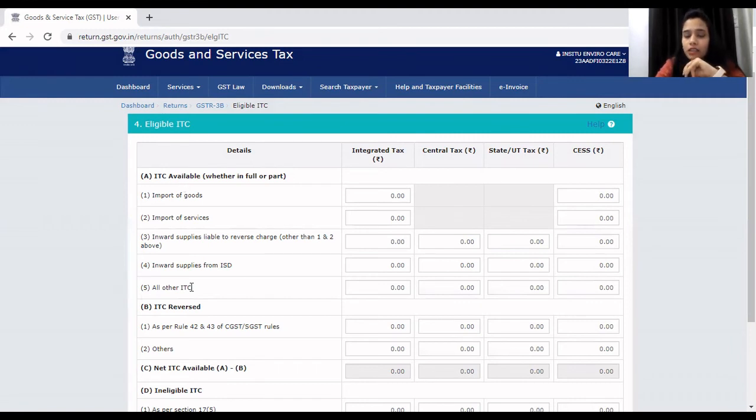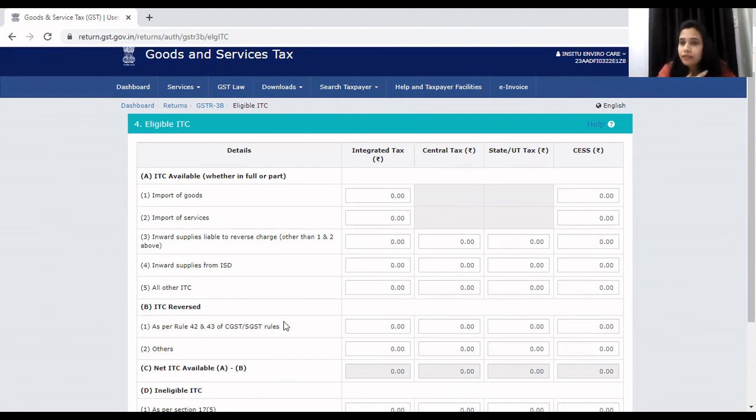In that, the last point, which is all other ITC, I will put rupees 10,500, which I need to claim ITC for June month, in fifth point, all other ITC, because above 4 points relates to some specific ITC, import of goods, ITC available in case of import of service, ITC available in case of reverse charge, ITC available in case of input service distributor. And apart from these, the other ITC goes in fifth point. So 10,500 I will put in fifth point.